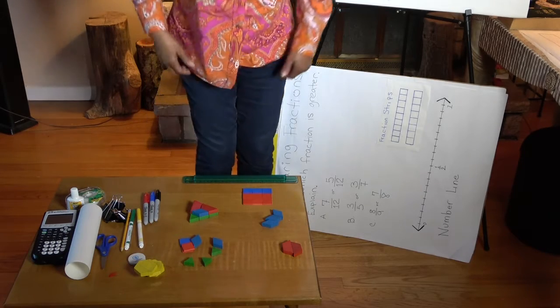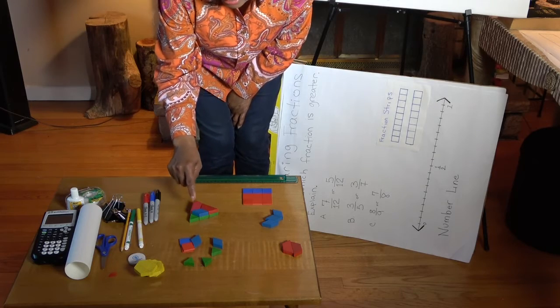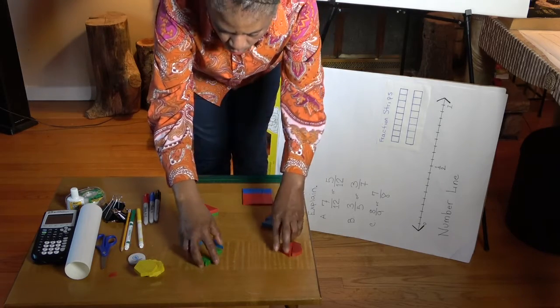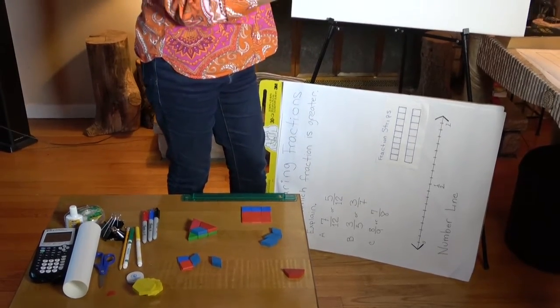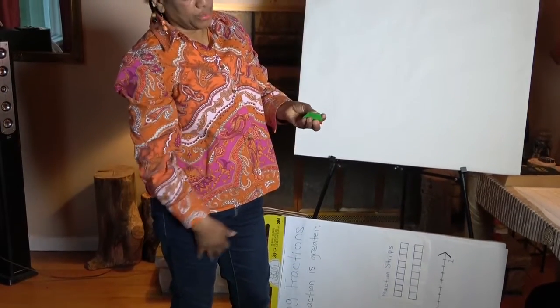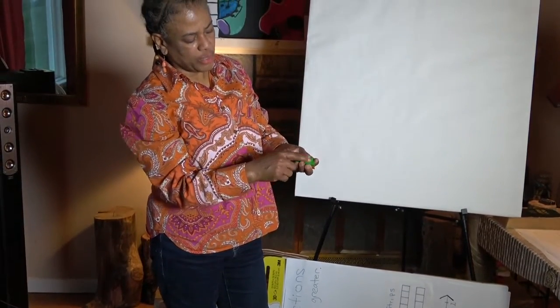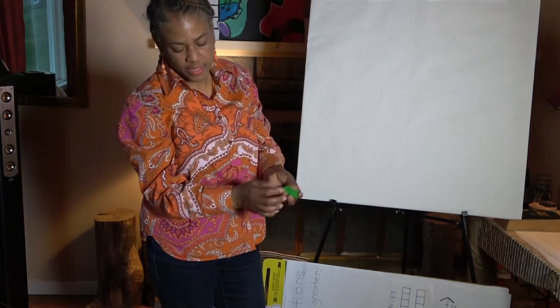So the fun part about this is, let's see. 1, 2, 3, 4, 5, 6, 7, 8, 9. And the reason why I'm counting like that is if I look at my red piece, it takes 3 of the green pieces. And if each green piece is a 9th, 1, 2, 3, so that's 3/9 right there.